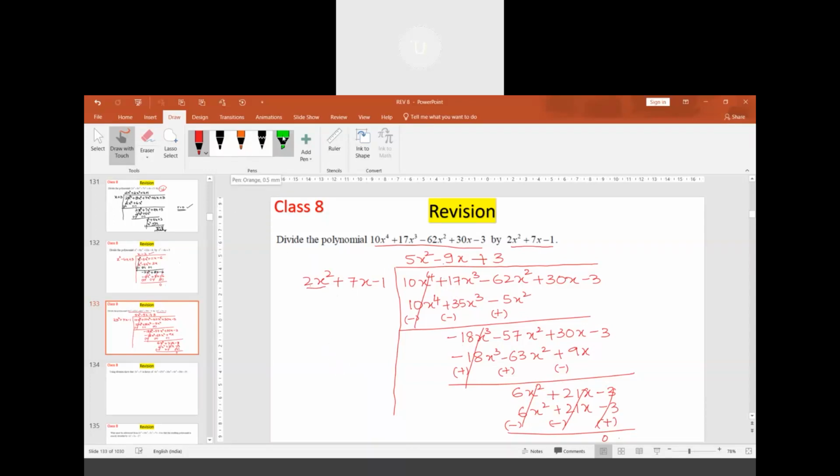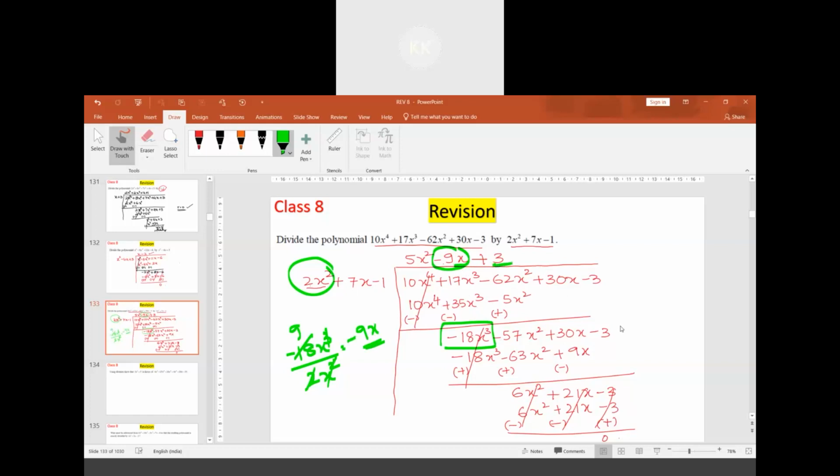For a few people, it becomes difficult to guess what to be written. For them, the shortcut method is we can take the first term and divide it by 2x square. Minus 18x cube divided by 2x square: 9 cancelled completely, one of the x will remain. Minus 9x. Why did I write 3 here?